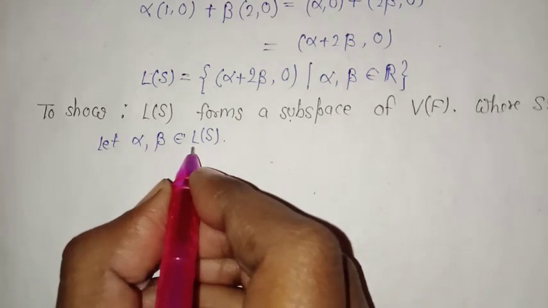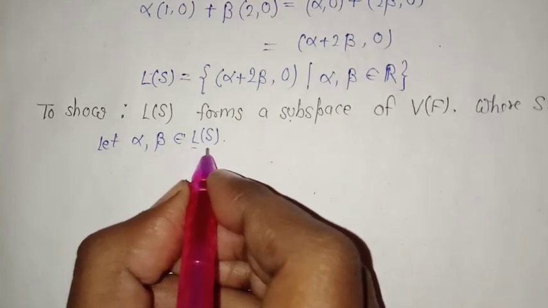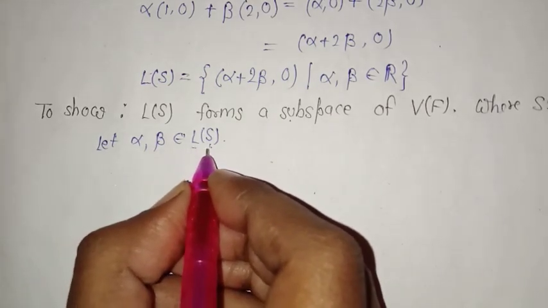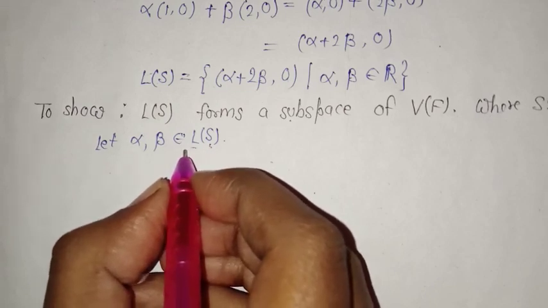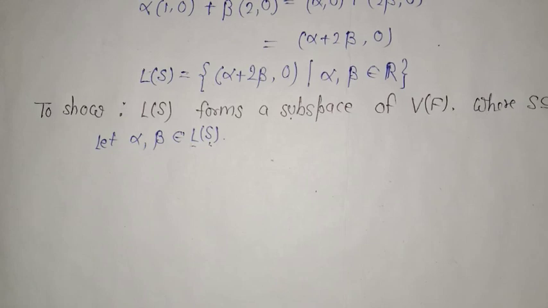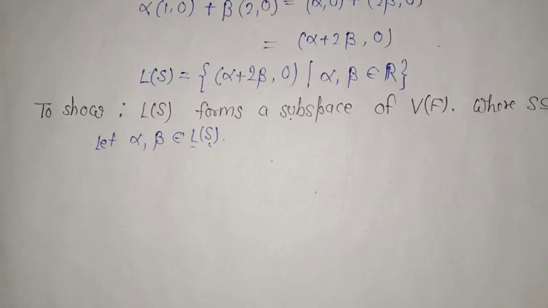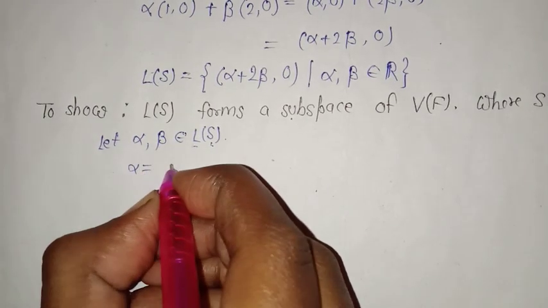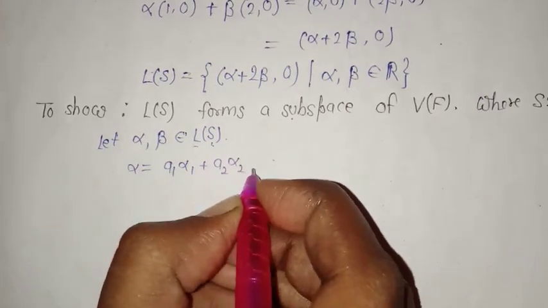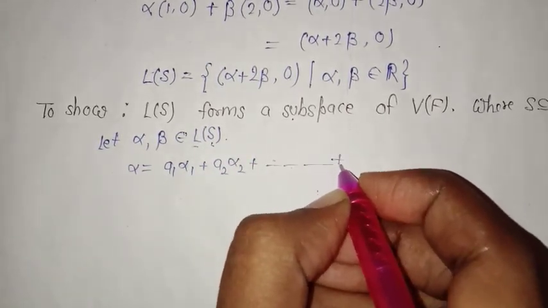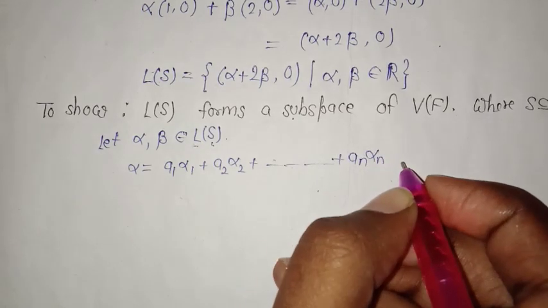Since they are coming from LS, and we know that all the elements of LS are of the form of a linear combination, we need n elements from the vector space V and n scalars from the field F. That is, alpha must be of the form a1 alpha 1 plus a2 alpha 2 plus ... plus an alpha n.